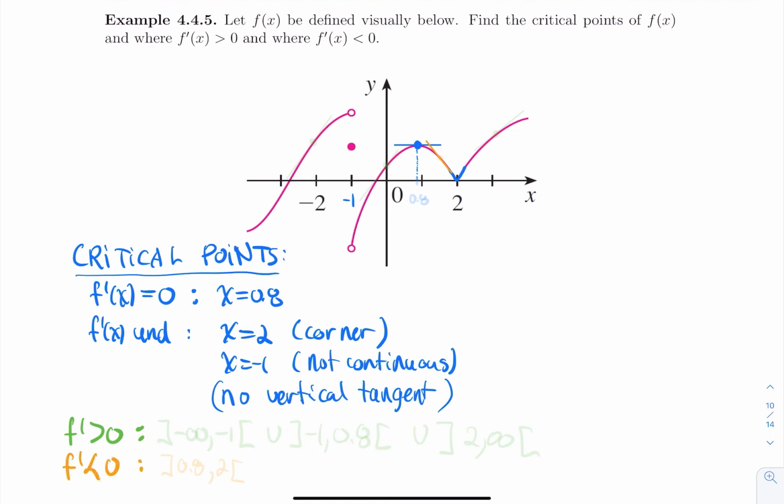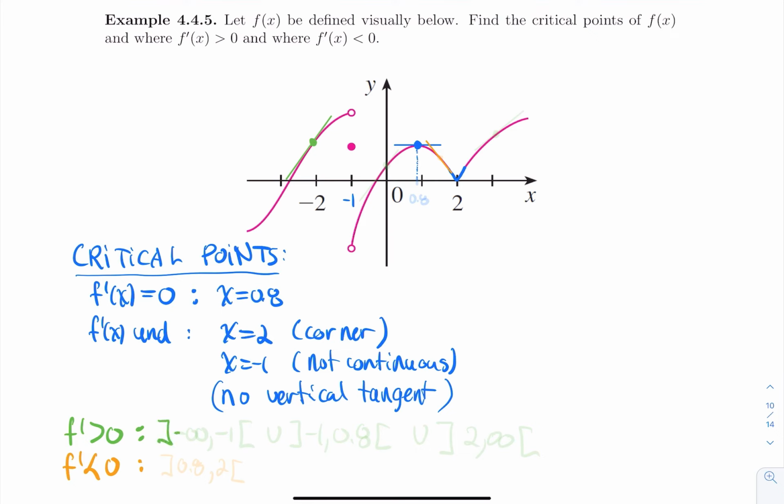Normally I just do it right away. From -infinity to the first critical point at -1, the function is going up. If you pick any point between -infinity and -1 and you draw the tangent, you're going to get a line that is going up. So f prime is strictly positive.